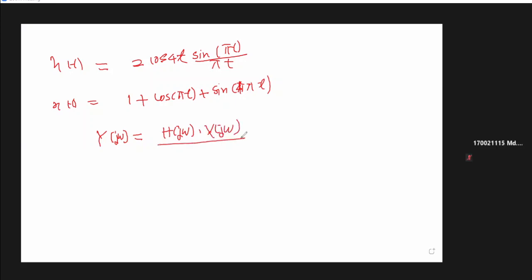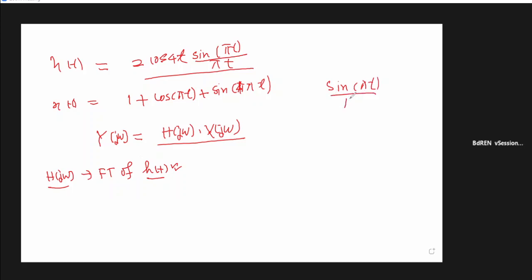Yes, sir. So our transfer function H(j omega) is nothing but the Fourier transform of h(t), isn't it? The first thing is that we have to take the Fourier transform of h(t). This is your h(t). Now you see that if we have this function, for example, sine pi t divided by pi t, a sinc-like function, what is the Fourier transform of this function?